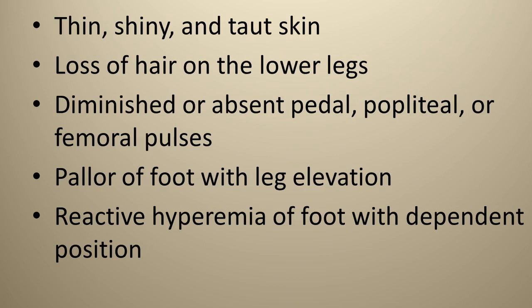If they raise their legs, say on a step stool, that extremity will be very pale, turning whitish in color, because the blood is draining from the lower extremity back up toward the heart. They also have reactive hyperemia of the foot with dependent position, which means that when they're sitting down with the feet dependent, resting on the floor, they will get very red with that type of positioning, okay?